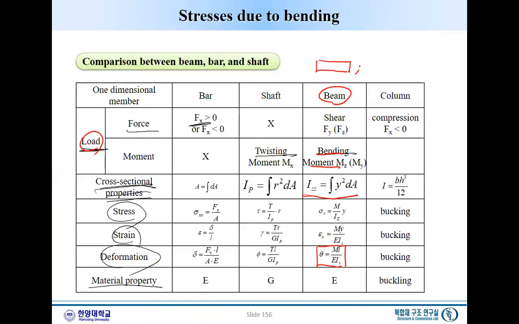So here we have a moment and a fixed end, and it rotates like that. So this cross section rotates, and this is the theta, and that is the theta. I will call it theta 0.